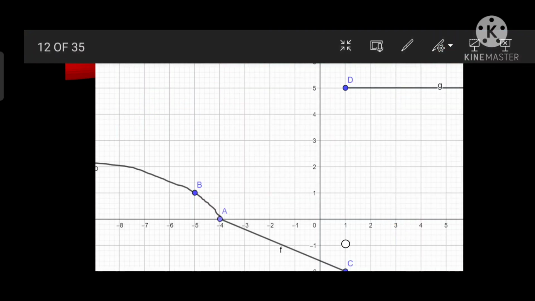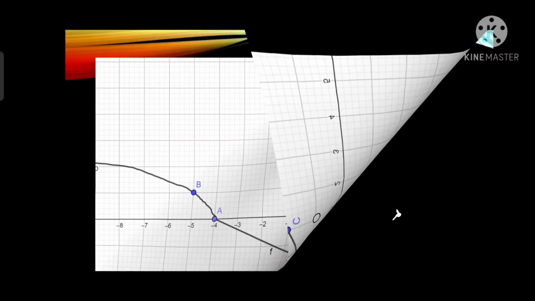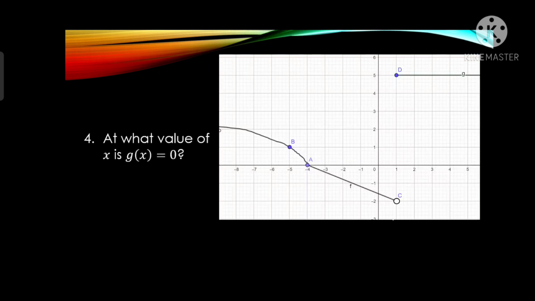And for our fourth question, at what value of x is g of x equals 0? Question number 4 is a little different from the three previous questions. In this case, the given is g of x.